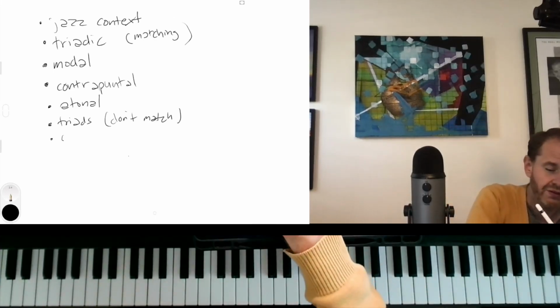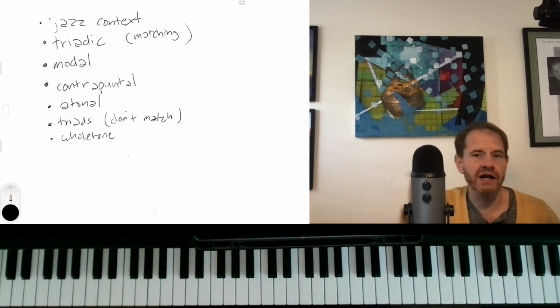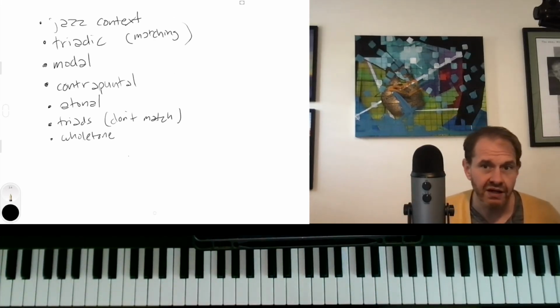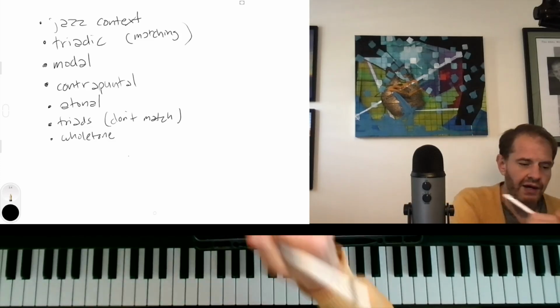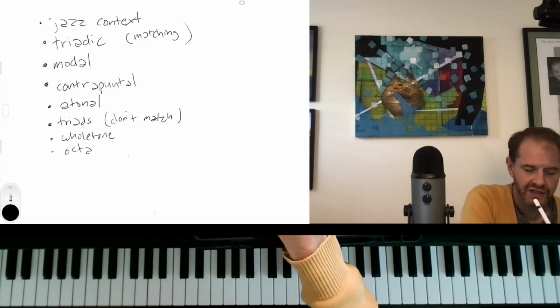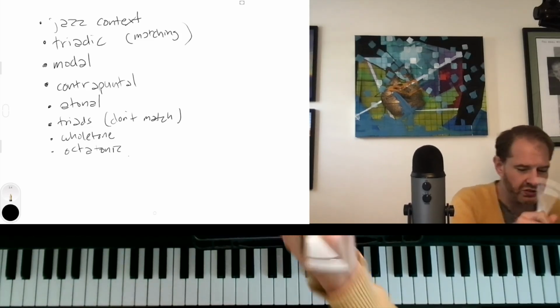You could also make harmonic worlds that emphasize certain scales or modes. For example, the whole tone scale. If you do the entire piece like this, it's probably going to get a little bit overly repetitive, dull, static. Also the octatonic.